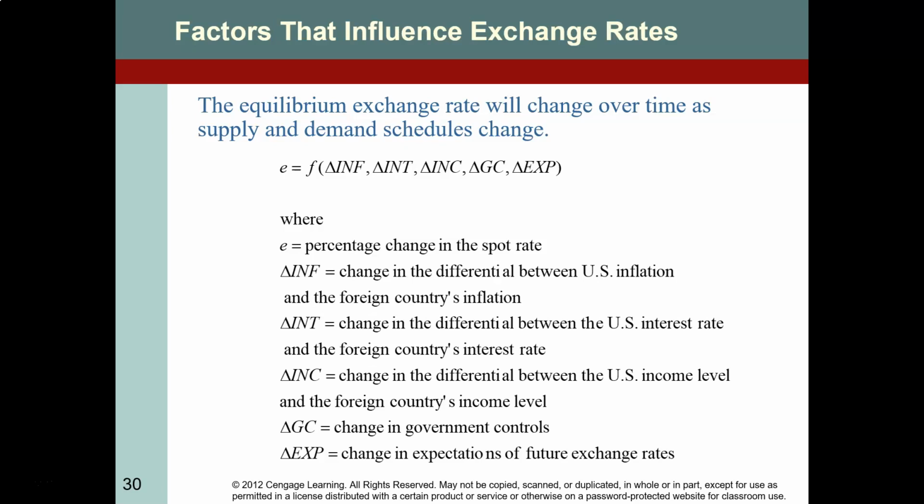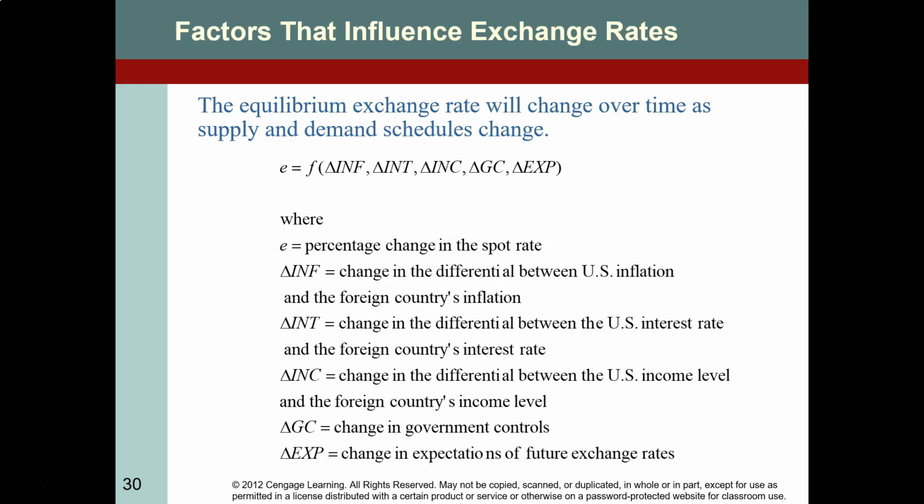In the brackets, we have 5 factors in the function, meaning these 5 factors could change the value of the percentage change in the spot rate, E. The first factor is delta INF, delta inflation. It means the change in the differential between US inflation and the foreign country's inflation rate. This is a factor that would change the spot rate.